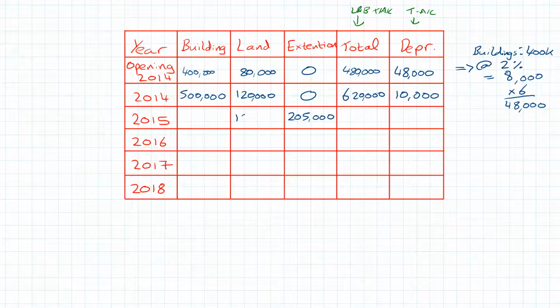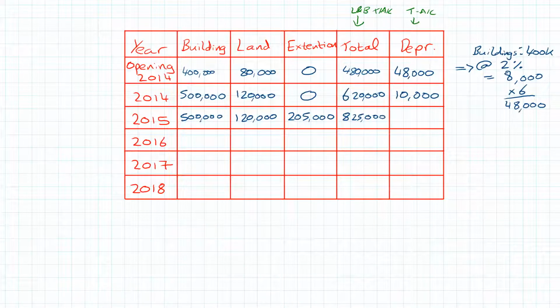And then there's no change to land. And there's no change to our original buildings. But now the value of everything is 825,000. So be careful of depreciation. We're going to get 2%, but we're going to get 2% of just the buildings.